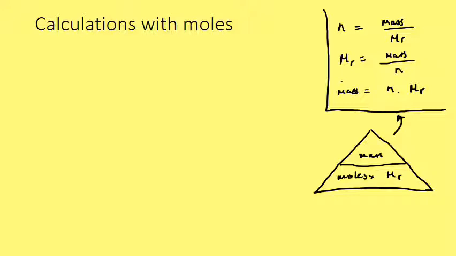Okay, so let's do another example. Let's say you have 0.0500 moles of a solid, and that has a mass of 2.60 grams.